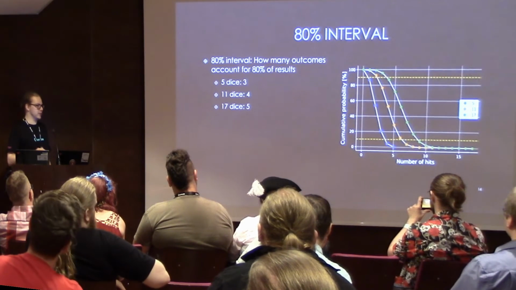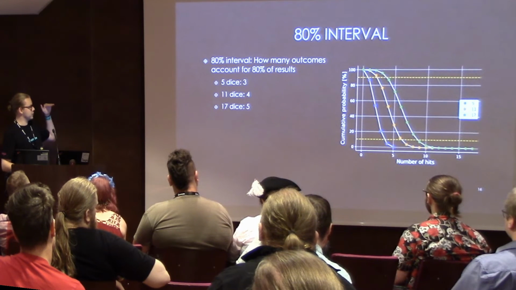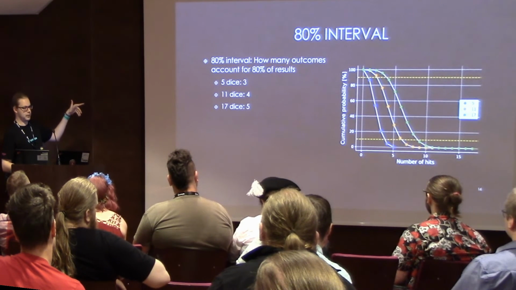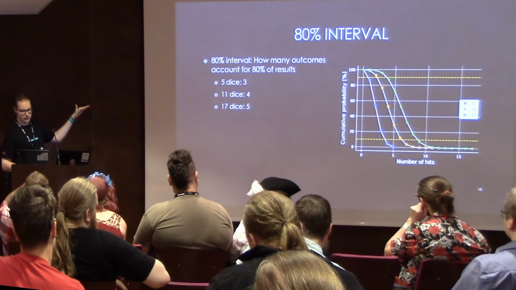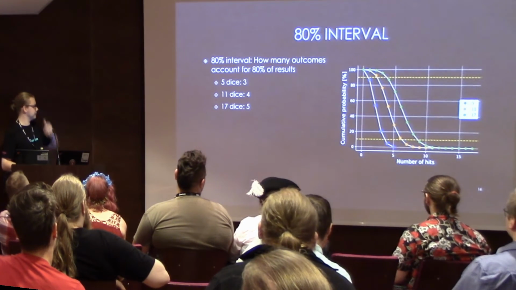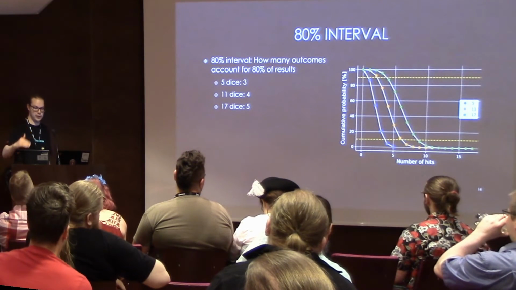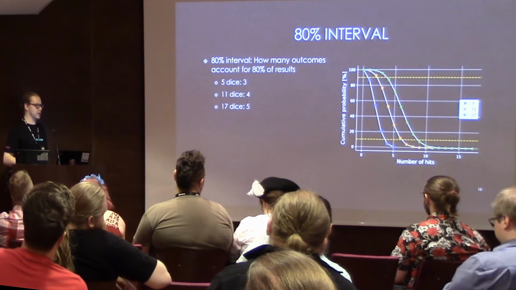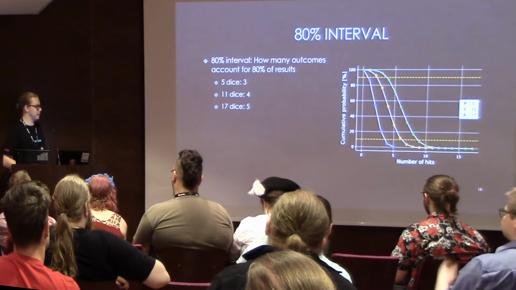So the idea here is that we draw the top graph on the 90% point. So 90% of the time you see something below the top graph. These are the results you're going to see 90% of the time. And then the bottom graph is 10% of the time. So results below the bottom graph are results that you are going to roll only 10% of the time.